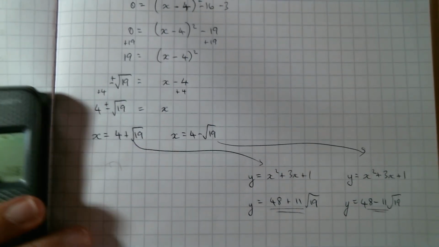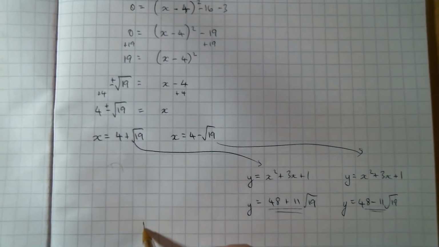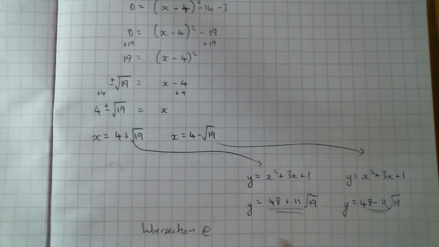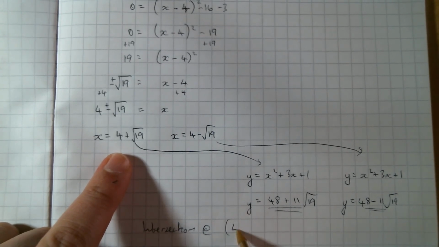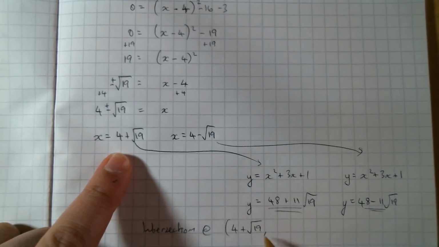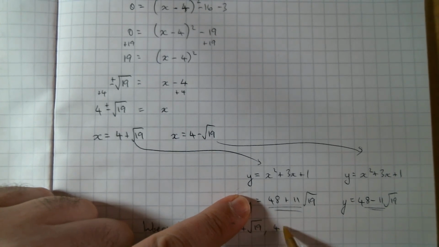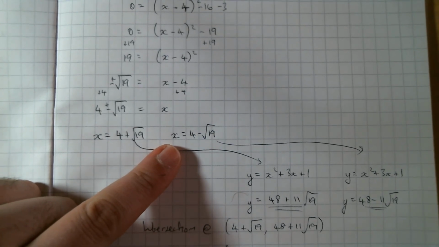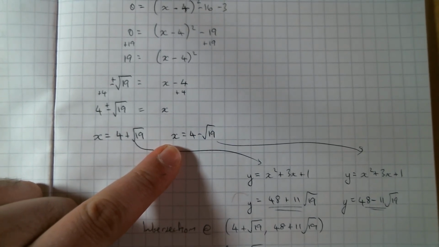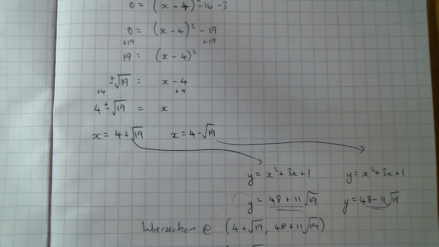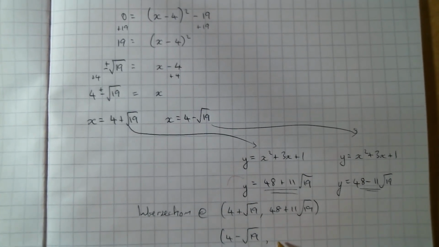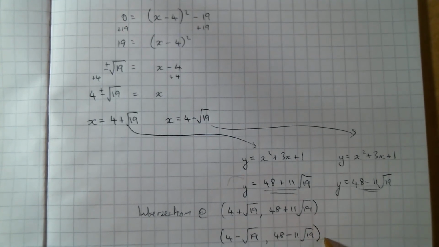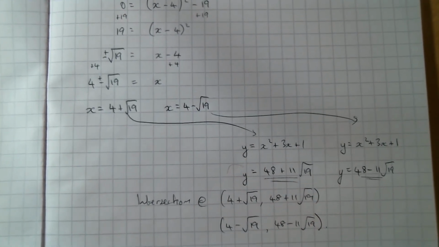And so we have the intersections at 4 plus root 19 pairing up with 48 plus 11 root 19 and 4 minus root 19 pairing up with 48 minus 11 root 19. It's rather awkward.